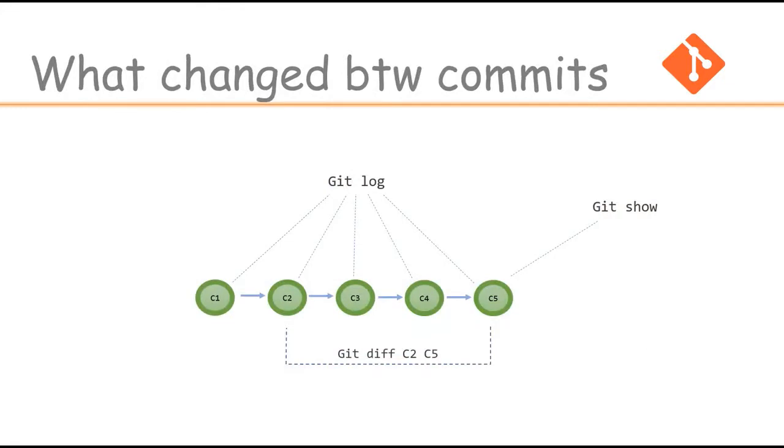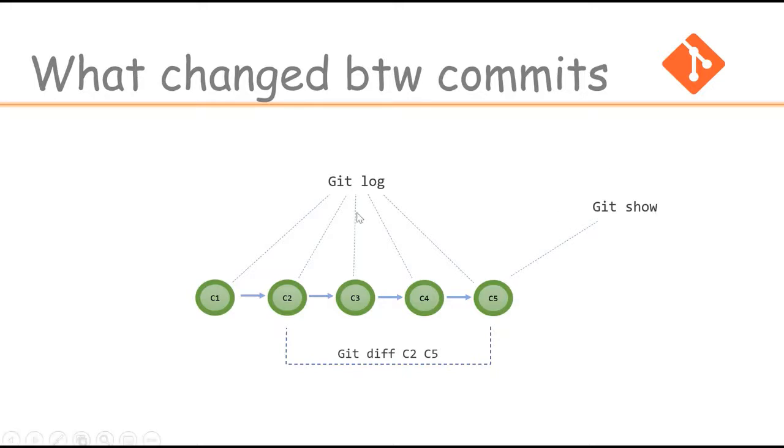Now let's say we have made a lot of changes, and now we want to see how many changes we have done. In that case, we can use the git log command. The git log command will list all the commits which have happened on the particular branch. And if you want to see what particular change happened in a commit, you can use the git show command.